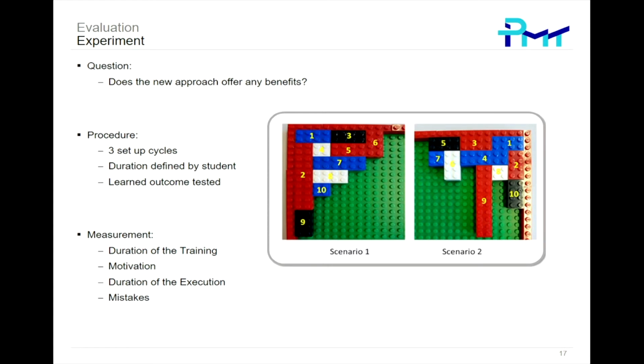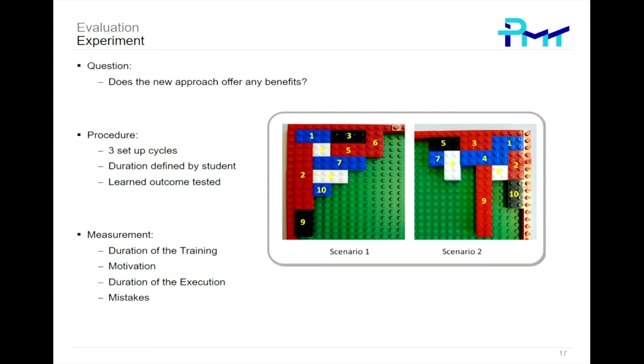And after he's done in virtual reality, he goes back into reality and shows me whether he has learned or whether he did not. So he's actually building these two scenarios. The measurement that I took is, first of all, the duration of the training, defined by the trainee. Then, after the experiments, I asked the students to grade my software and the other software.